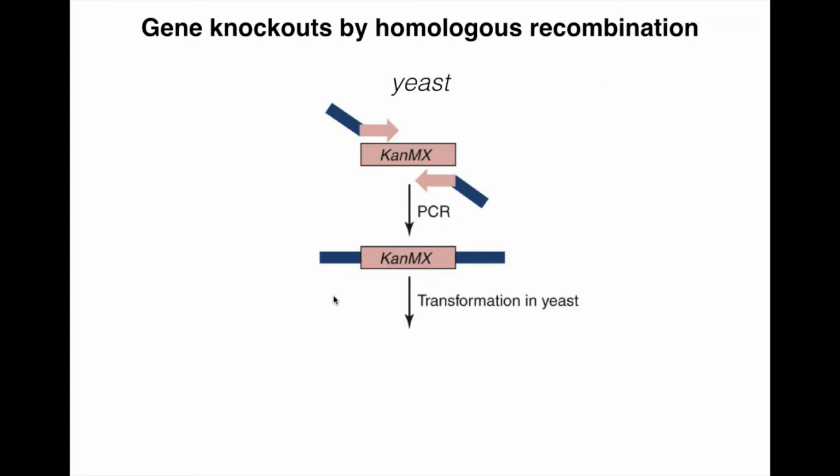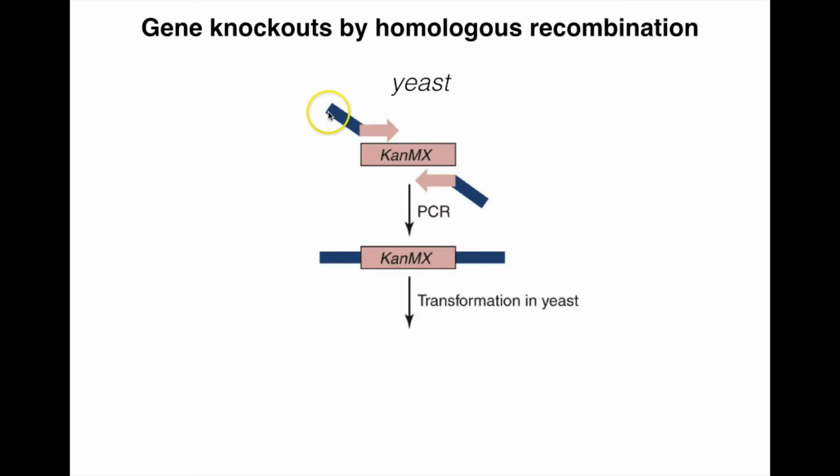The first example is in yeast, and this is now using a kanamycin gene to replace a gene that we'd like to knock out. And so this begins by first doing PCR. What we have here is primers for the kanamycin gene with overhangs that are homologous to sequences within the yeast genome.